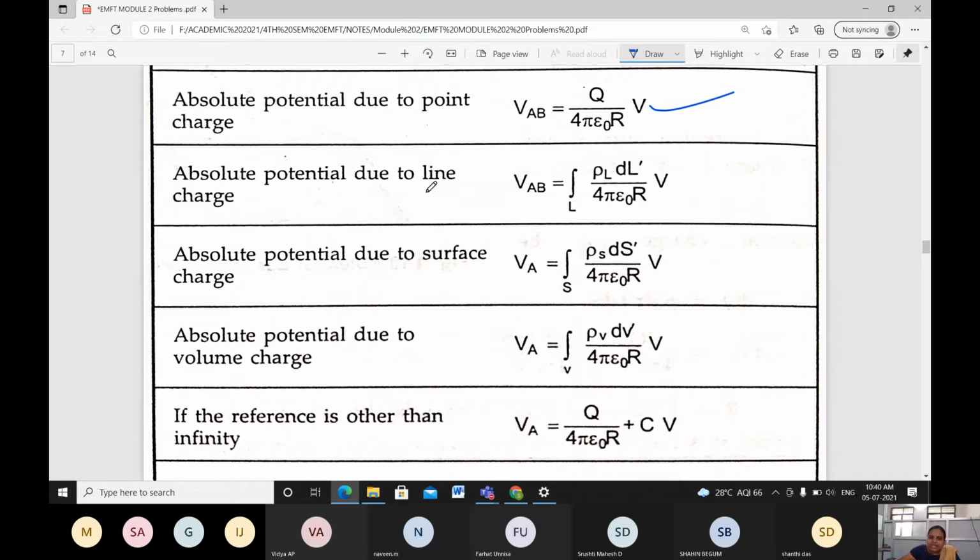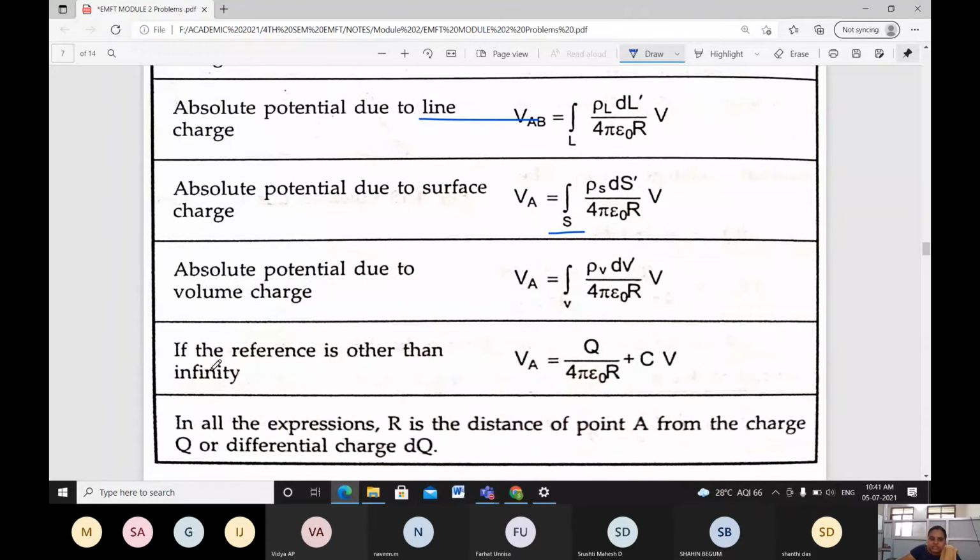Next, for a line charge, integral of rho L dl divided by 4 pi epsilon naught into R. For a surface charge, instead of rho L it is rho S ds divided by 4 pi epsilon naught into R. For a volume charge, integration with respect to volume, rho V dV divided by 4 pi epsilon naught into R.